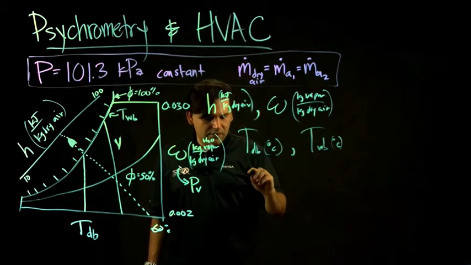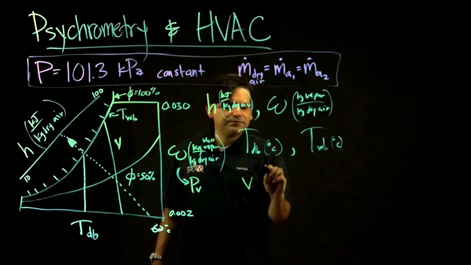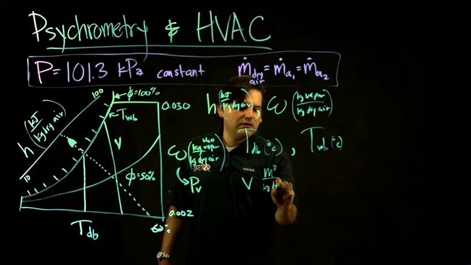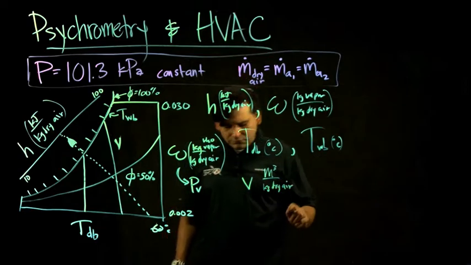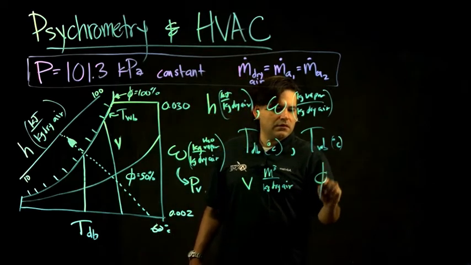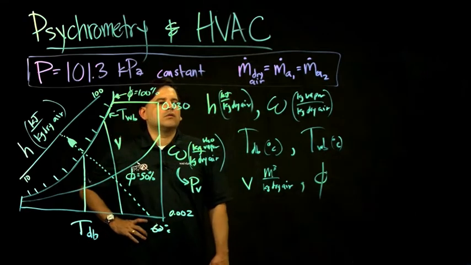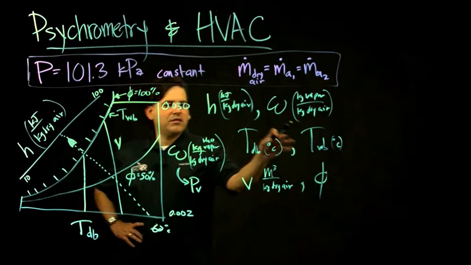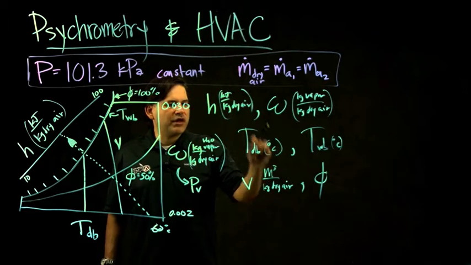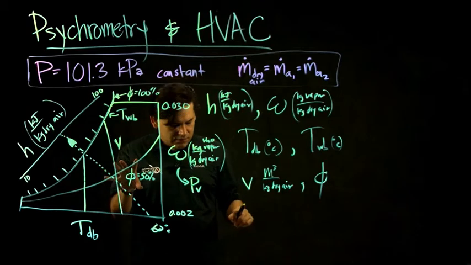We have V, specific volume, also little v, in cubic meters per kilogram of dry air. There's also phi here. So all of these parameters describe the state of this system, which is atmospheric air, moist air, a mixture of vapor and dry air, on this chart. So that's good.